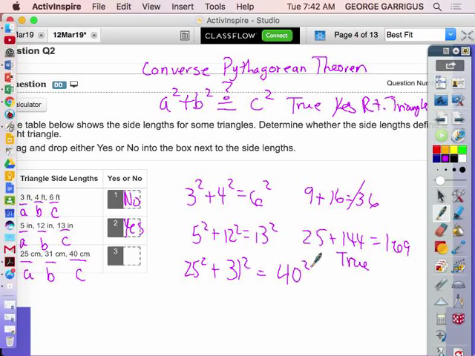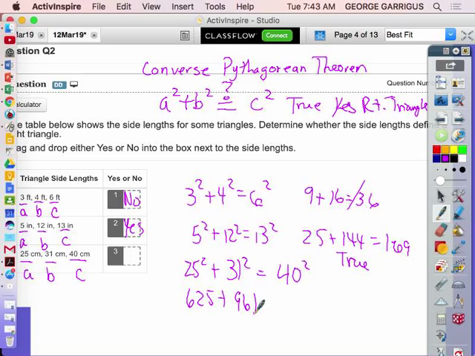Okay, I'm going to need a calculator. 25 squared is 625. 31 squared is 961.